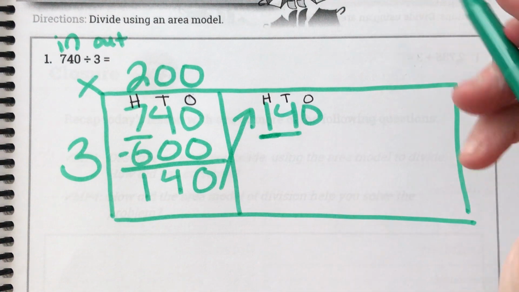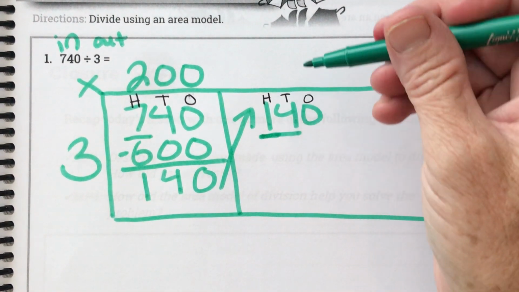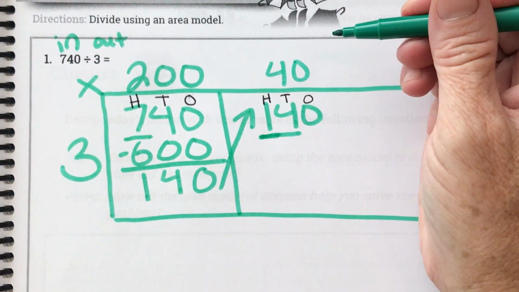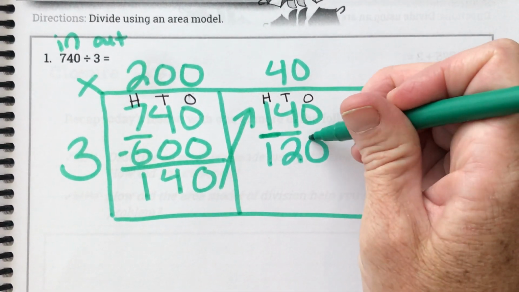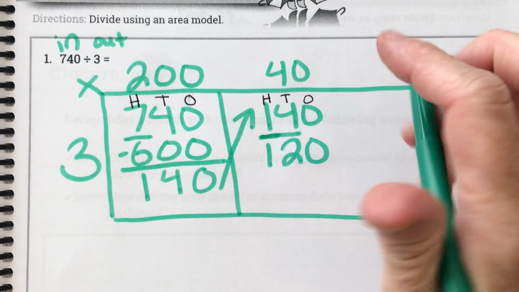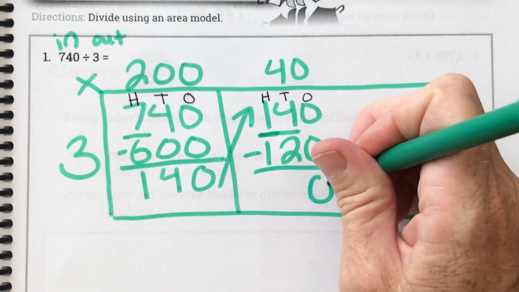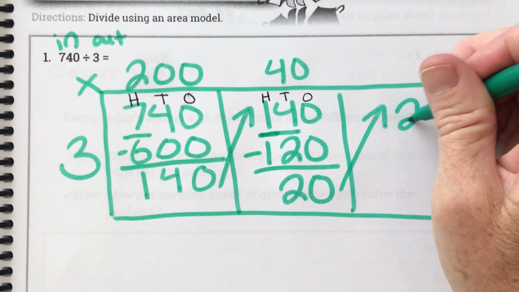So it's 4 times, but we're in the tens place value, so it's 4 tens, which is 40. Okay, 40 times 3 is 120. And I knew that because 4 times 3 is 12 plus 1 0. Okay, when we subtract, we get 20.